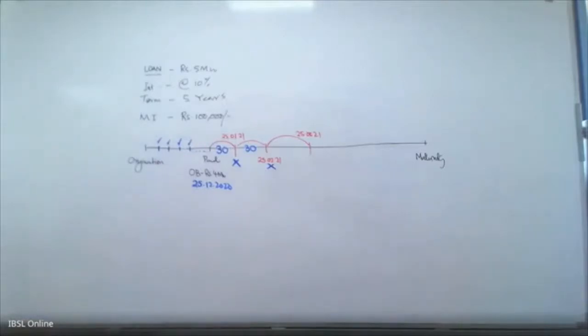So theoretically, the central bank says, when you reach this point, theoretically, the customer has not paid the loan for 60 days. Am I correct? From the last payment, the customer has not paid for 60 days.